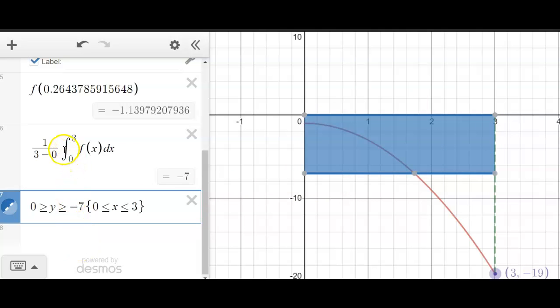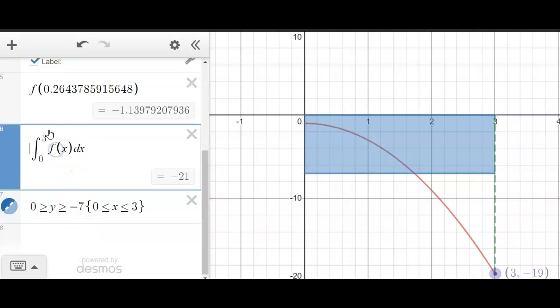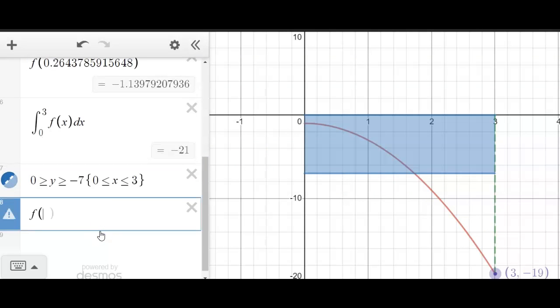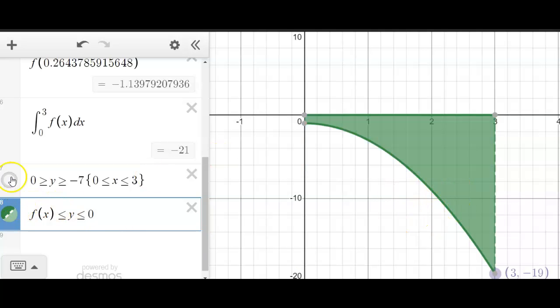Well, if I just find the definite integral from 0 to 3 of that red curve right there, that's also negative 21 units. And what that means is, if I did f of x is less than or equal to y is less than or equal to 0, that green area has an area of negative 21. That also has an area of negative 21.